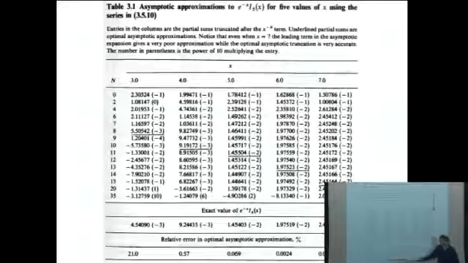So it has gotten much, much better. When x equals 5, the error in the optimal asymptotic approximation is, rounded off, 0.07%. And when x equals 6, the error is 0.002%.